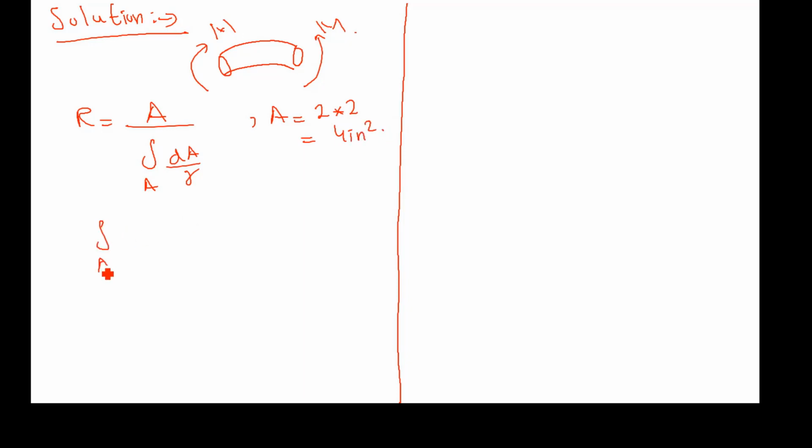Now the integral of dA by r is equal to the integral from 9 inch to 11 inch. Putting this value, we will get 2 into dr divided by r.